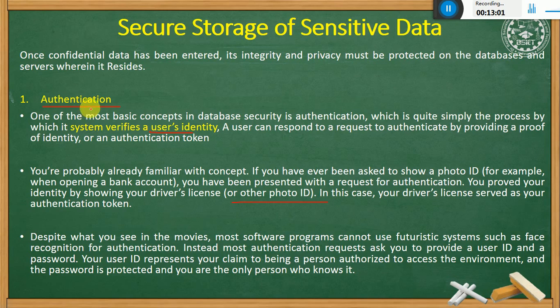So authentication is nothing but identifying the identity of that user. That user has specific parameters like an ID, password, photo. That process of identifying the user is called authentication.